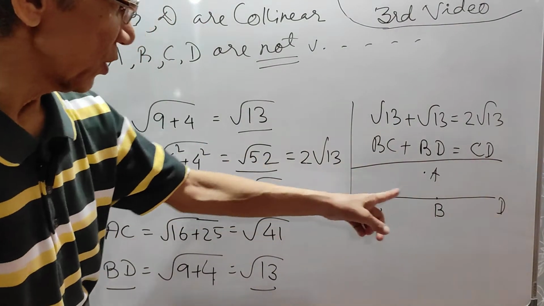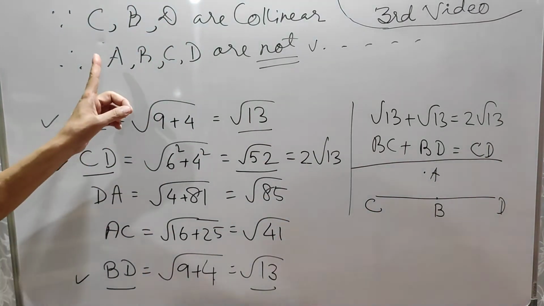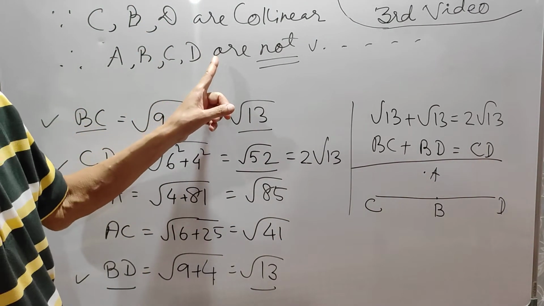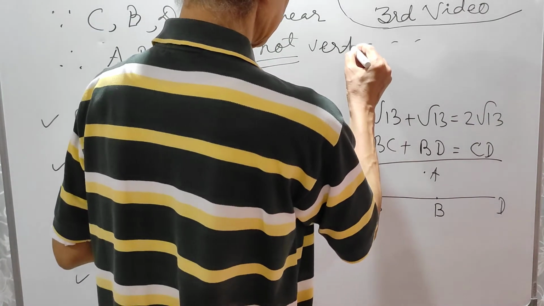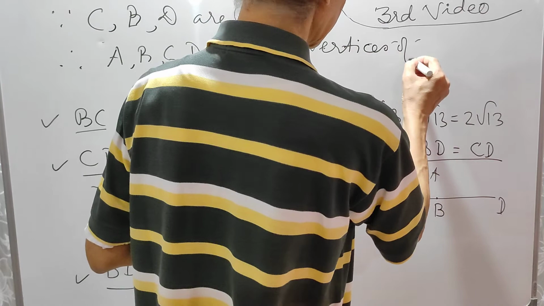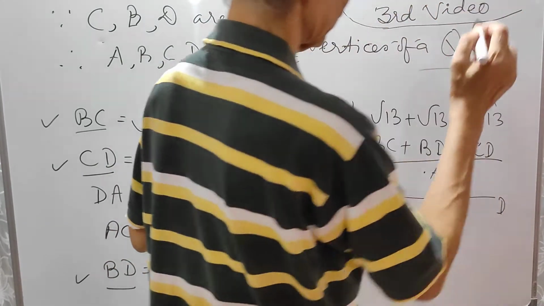Since these 3 points are collinear, only one is not collinear. Therefore the 4 points A, B, C, D cannot form a quadrilateral. That means they are not the vertices of a quadrilateral. So that is the conclusion.